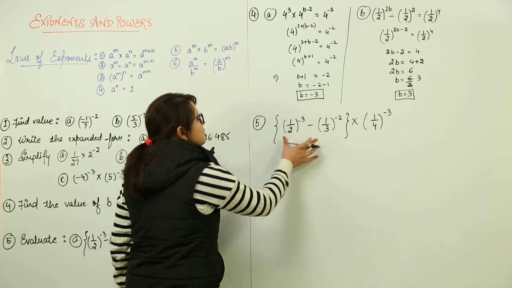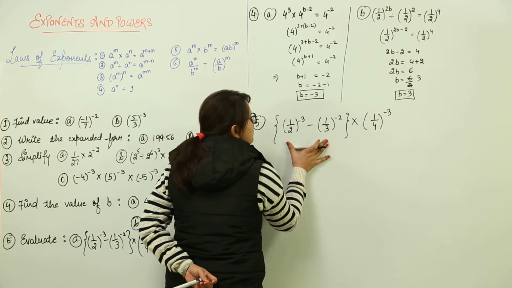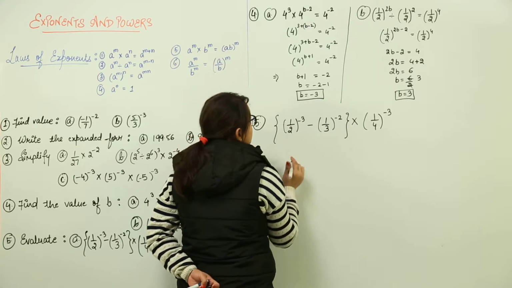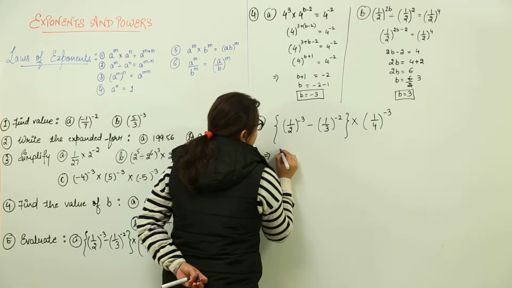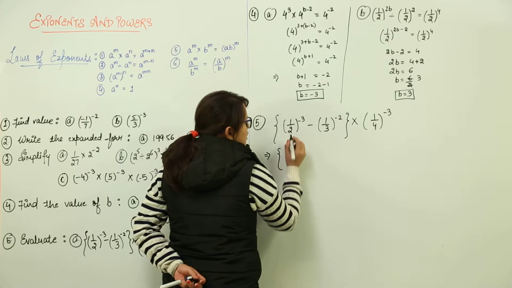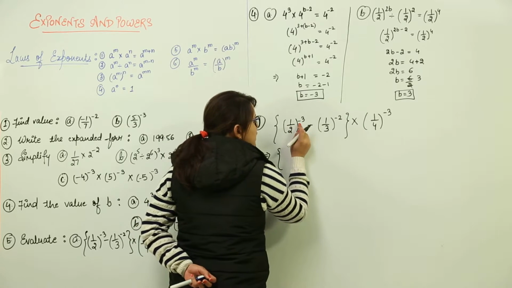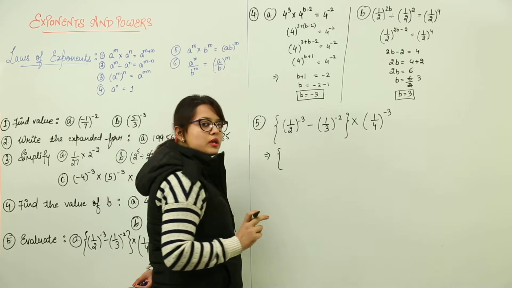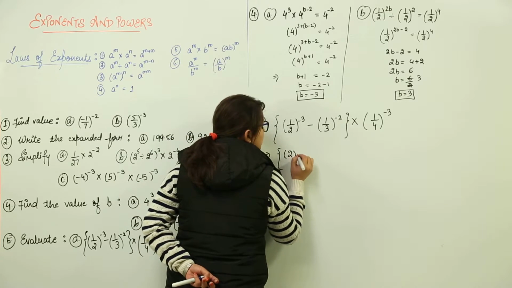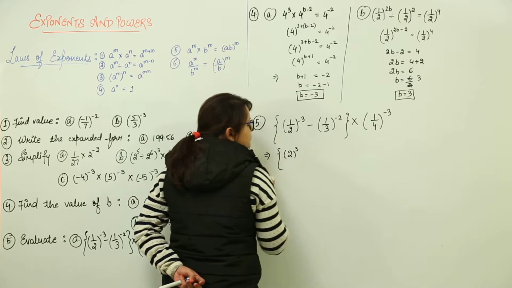Let us solve the curly bracket parts first. In curly brackets we further have the round brackets. Let us solve them first. So the first step would be, we will let the curly brackets remain as it is. Let us solve this part. Okay, this is a negative exponent. The rational number is having a negative exponent. What do we do to convert it? We will reciprocate it to make it positive.